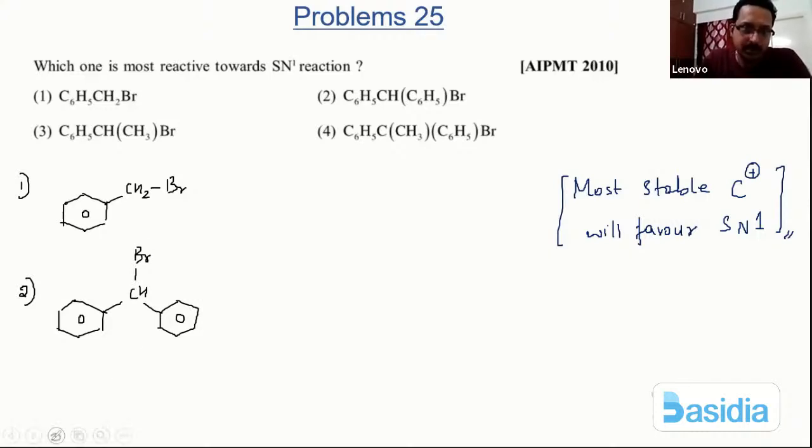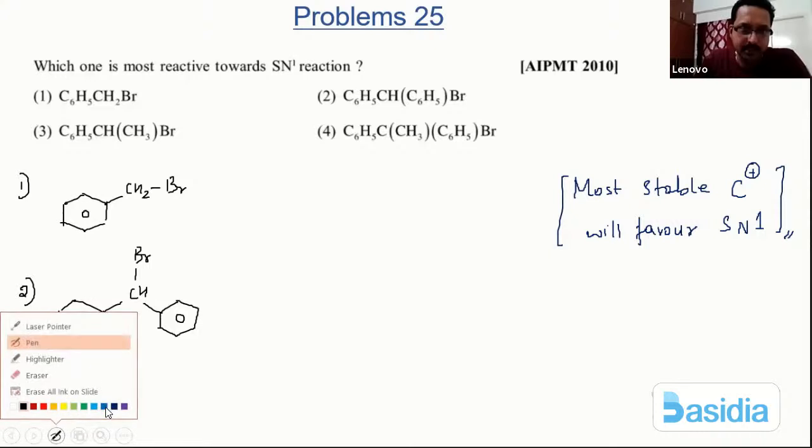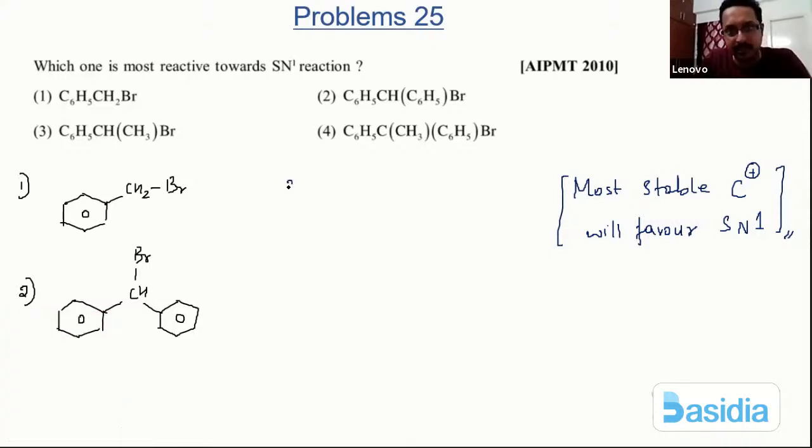Now let us go to the third structure. One by one, I'm writing these structures. In the third structure, you have a benzene ring again, then you have a CH. To this, there is a CH3, then you have a Br. Then coming to the fourth one, the last one, there is a C6H5, that means we have again the benzene ring.